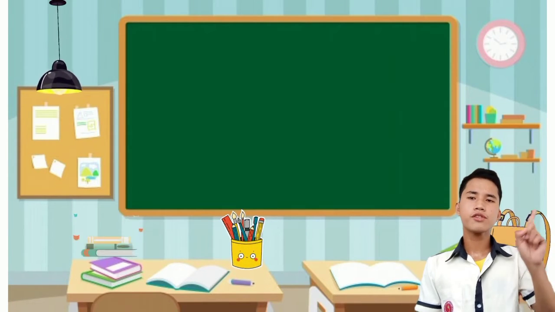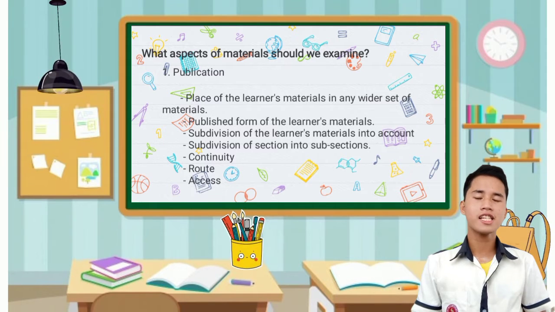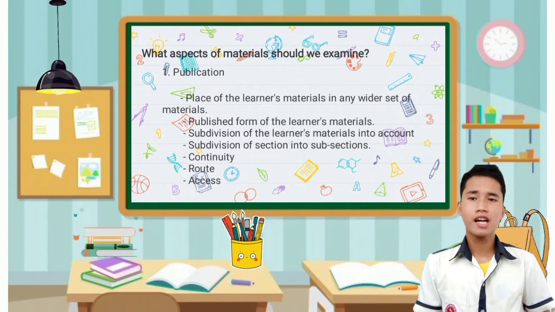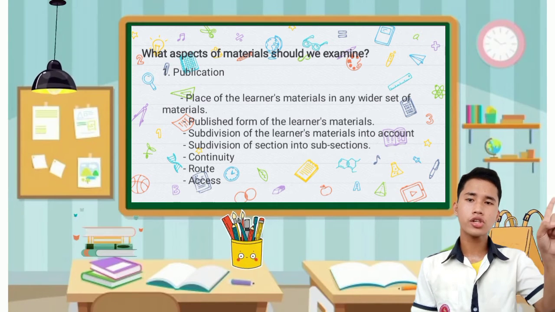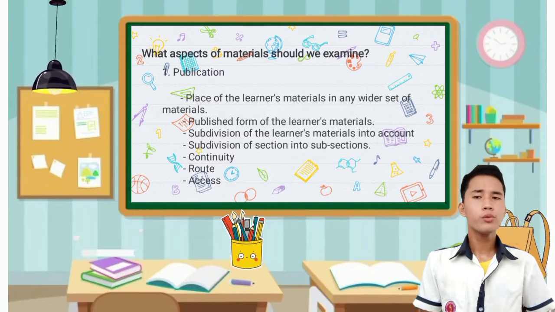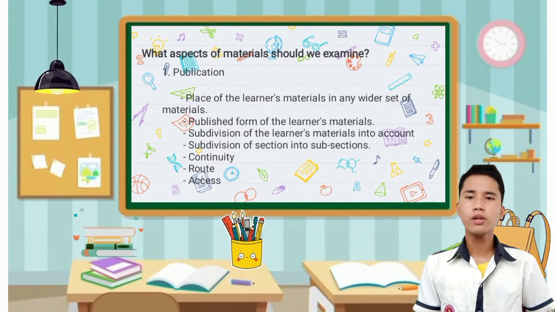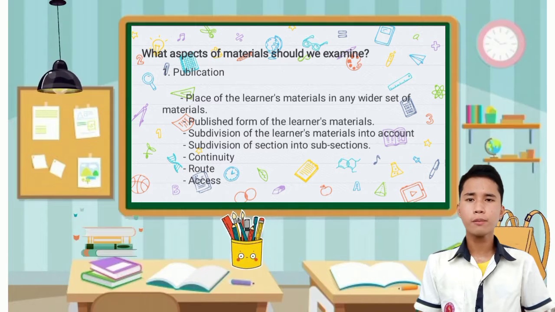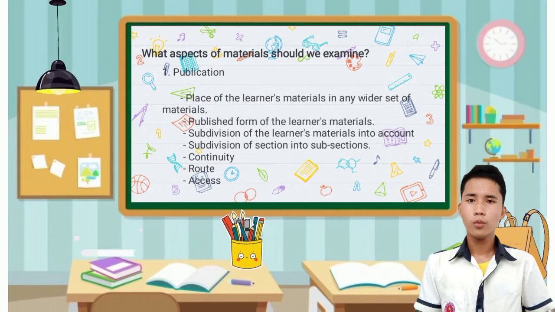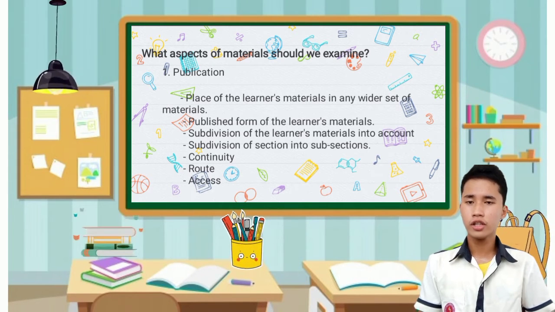Moreover, this framework, which is what aspects of materials should you examine, consists of two main sections: the publication and the design. When we say publication, this relates to the tangible or physical aspects of materials and how they appear as a complete set, whether on paper or electronically.